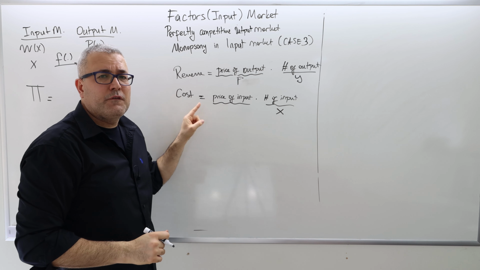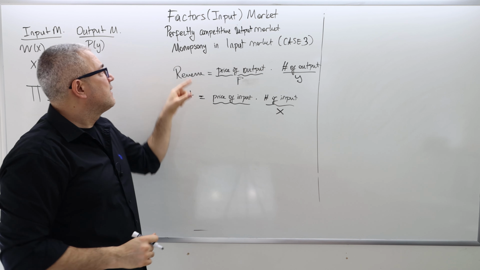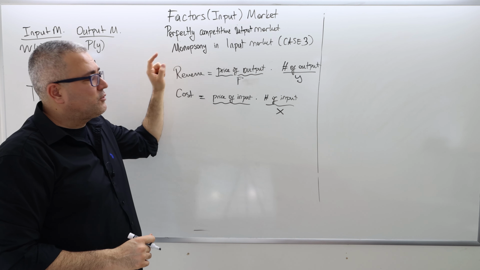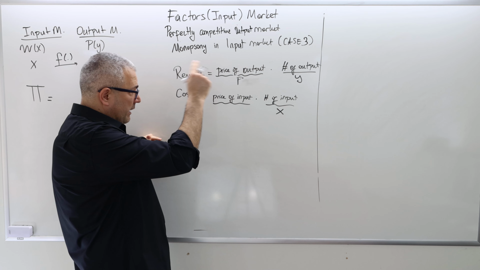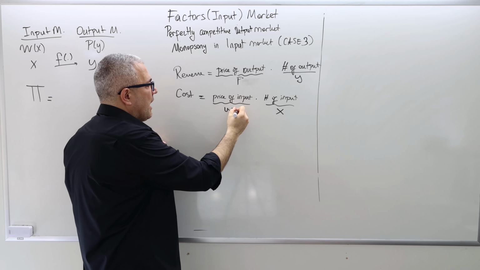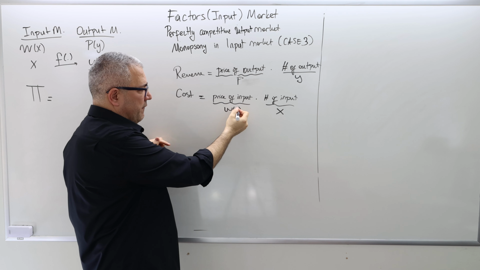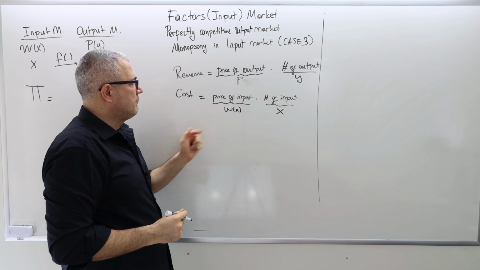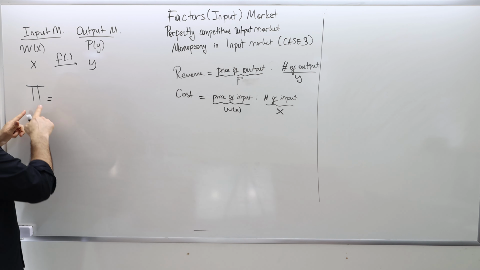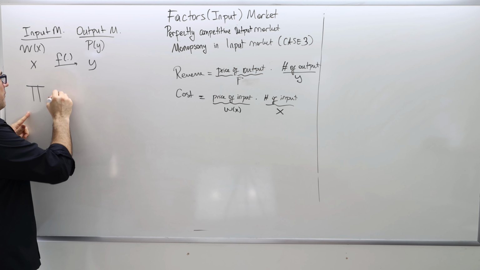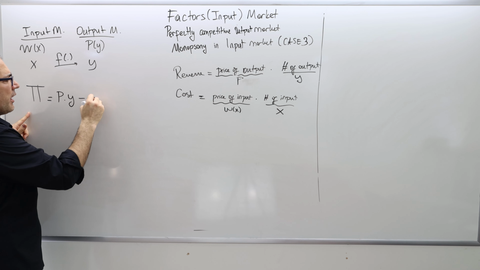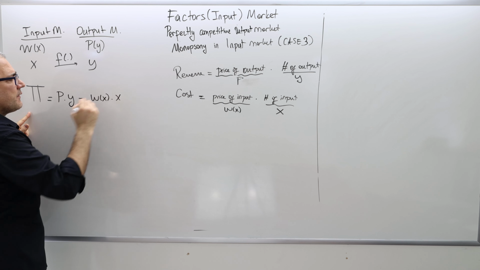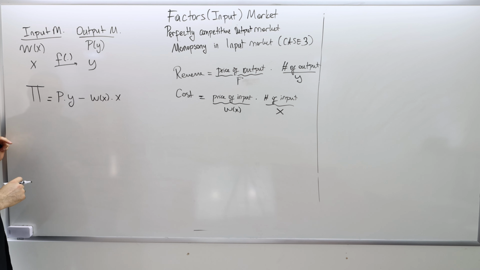Well, what about the price of input? It is the only buyer in the labor market, in the input market. So it's going to face an upward sloping supply curve, which is going to be a function of x. All right? So the profit function is the price times output minus the price of input times the number of input.